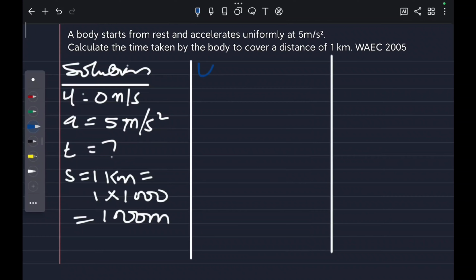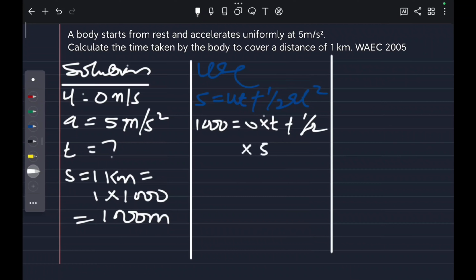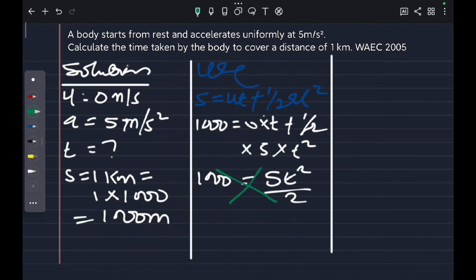If we substitute that into the second equation of motion, UT plus half AT squared, where 1,000 is equal to 0 multiplied by T plus 1 over 2 multiplied by 5 multiplied by T squared. So that 1,000 will equal 5T squared over 2.